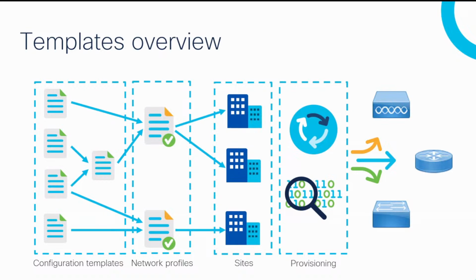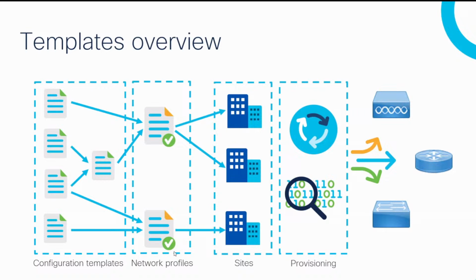So first you'll want to configure your templates, and then after that, you will assign that template to a network profile. What this does is the network profile is assigned to one or multiple sites, and any device that is assigned to that site will be eligible for that template that's assigned to the network profile.